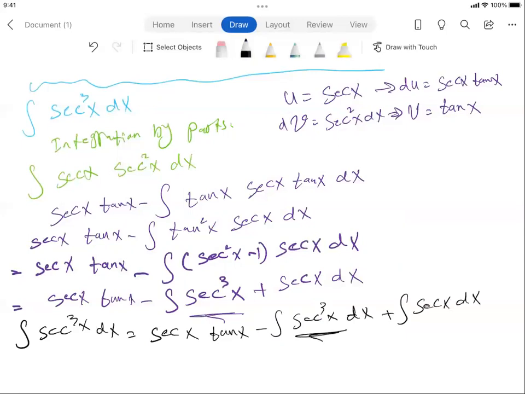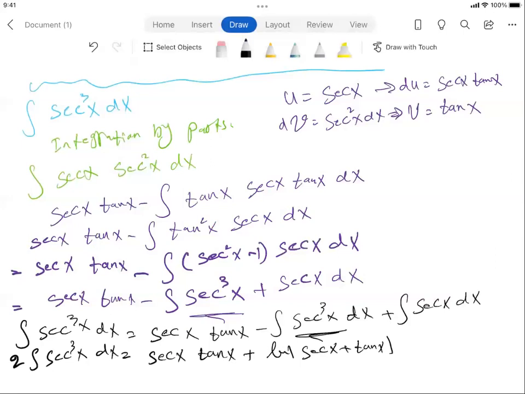So I'll move this to the other side, so it will become 2 times the integral of secant to the 3rd power of x dx, and that equals secant of x tangent of x plus the integral of secant of x, which is simply natural log of secant of x plus tangent of x, the formula that we derived now.